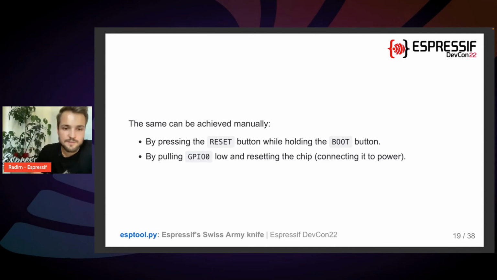And to switch into the download mode, you just need to hold the boot button, which pulls the GPIO 0 low, and then click the reset button. Or if your dev kit doesn't have the buttons, you can use a wire or piece of metal to bridge GPIO 0 to ground and then reset the chip by connecting it to power. This basically does the same thing.